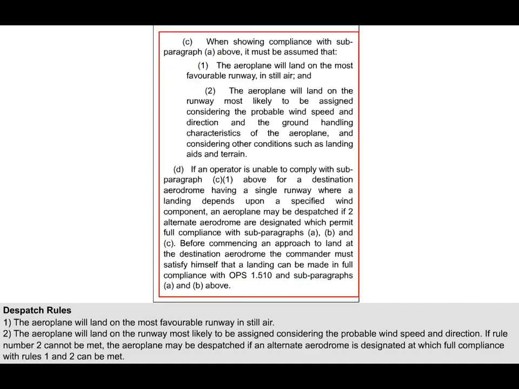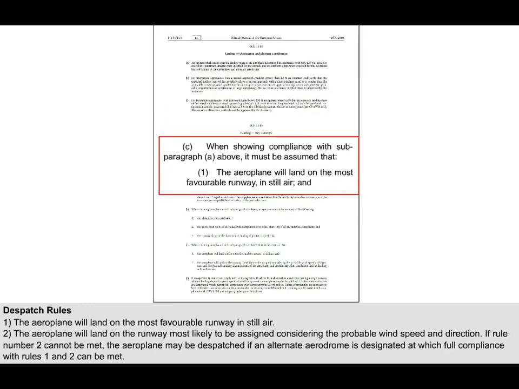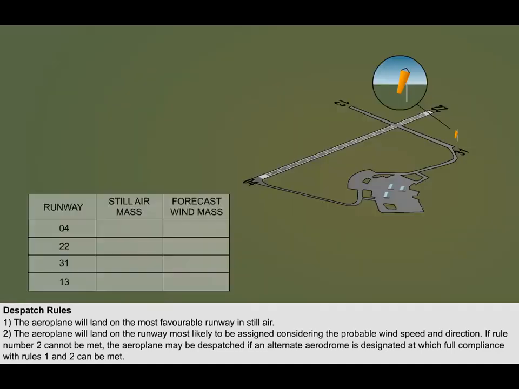These dispatch regulations may sound a little complicated, so let's examine them further. The first assumption is that the aeroplane will land on the most favourable runway, in still air or zero wind. This means that, assuming zero wind at the destination airfield, the runway which would accommodate the largest possible landing mass would be selected, since this is the most favourable runway.